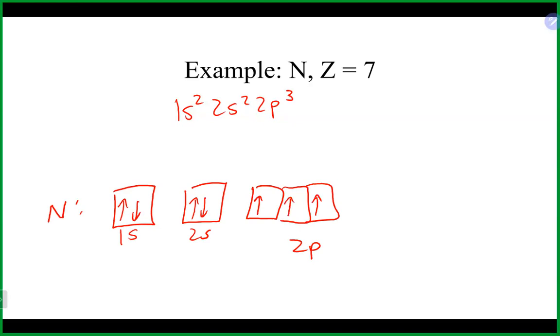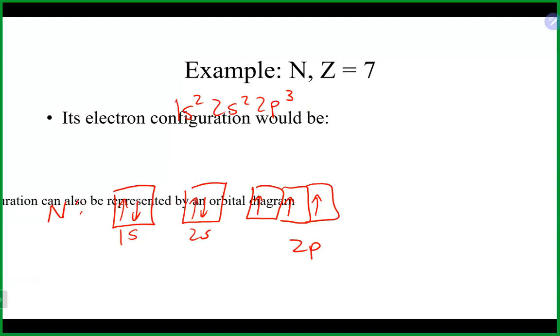At this point, we have nowhere to go but to start pairing them off. So we pretty much maximize all the parallel spin that we could do. And any more electrons will now have to go back to that first p orbital and again start pairing everybody up. So let's take a look at that. That is our next element there, which should be oxygen, I think. Oxygen is 8.